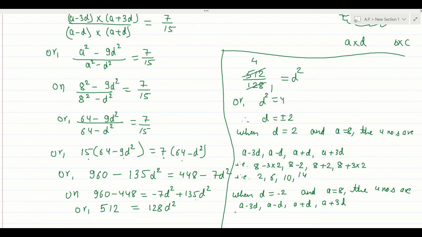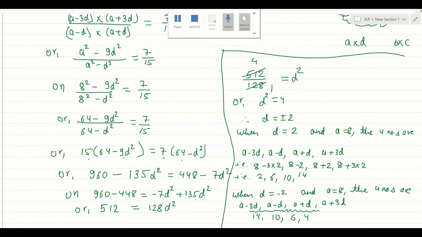So you put the values and ultimately you will get 14, 10, 6 and 2. You have to put the values over here on your own. Is this clear? So ultimately the four numbers are 2, 6, 10 and 14. It means when we divide 32, we are getting 2, 6, 10, 14. Okay, now let's go to the next question.